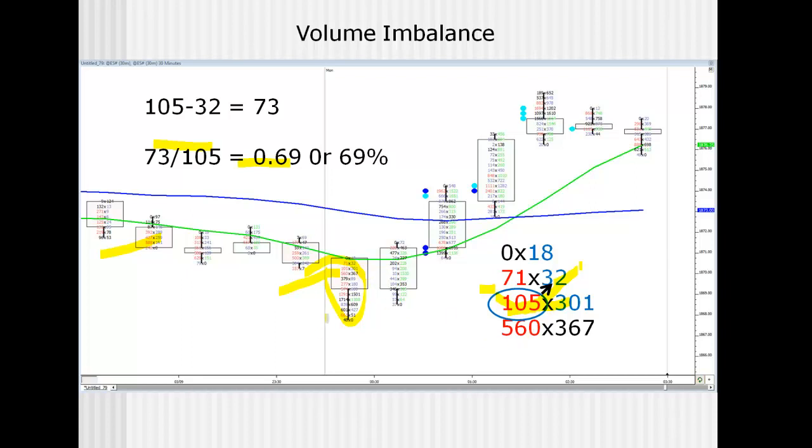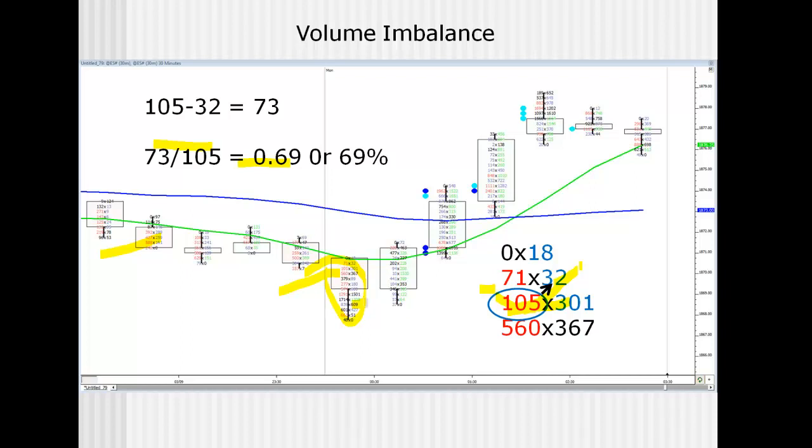But if we get to one point here, you will see that I have 839 to 1308. And that is another significant variation, but this one is to the upside. So even though I have more red down here, when we got down here, I begin to see strong imbalance to the upside.